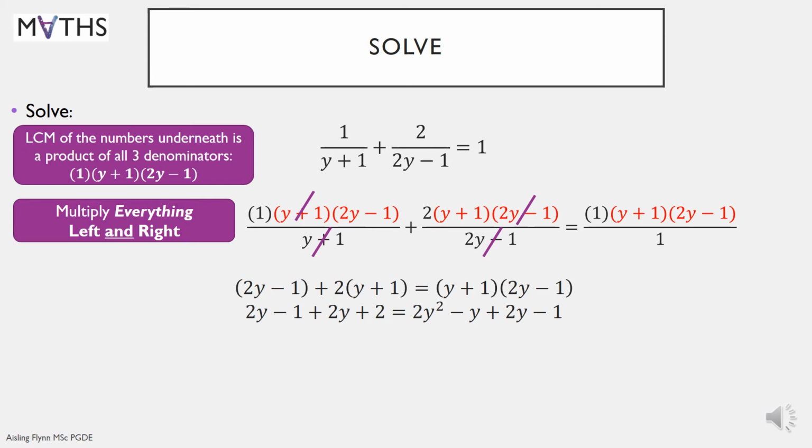So 2y minus 1 plus 2y plus 2 equals, and then the 2 by 2 multiplication gives me what looks like the quadratic part. So 2y squared minus y plus 2y minus 1. Okay, I think we can simplify a little left and right before we start moving things. So on the left we get 4y plus 1, and on the right we get 2y squared plus y minus 1.